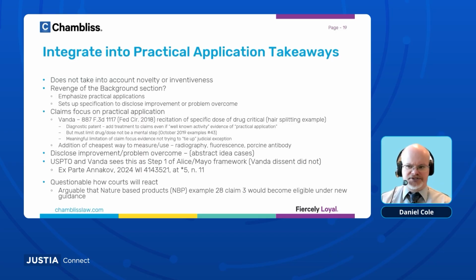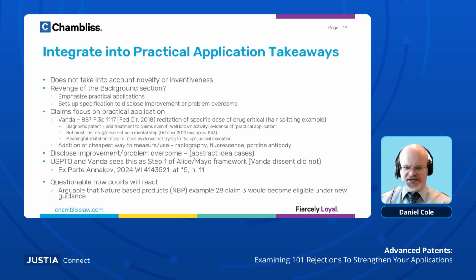So, Vanda, the case I mentioned earlier, the USPTO sees this as step one of the Alice-Mayo framework. The Vanda dissent did not see it this way. This is important because in step one, the way the Supreme Court has outlined the Alice and Mayo framework, you don't have to include whether things are novel or obvious.